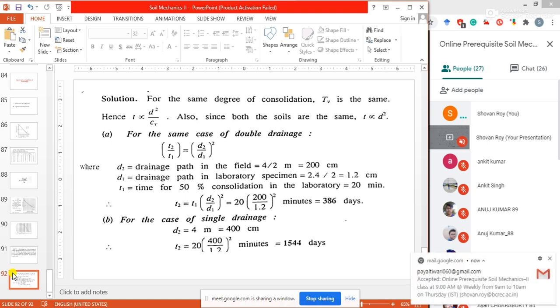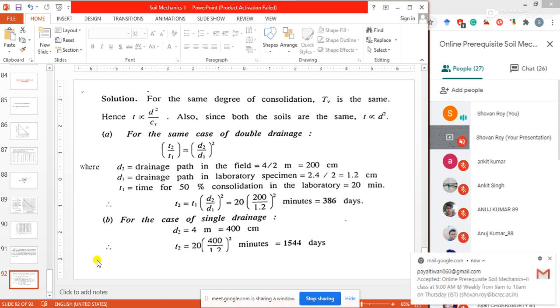For the same case of double drainage, condition A, T2 by T1, this formula is needed to find out the actual time, because time is important.